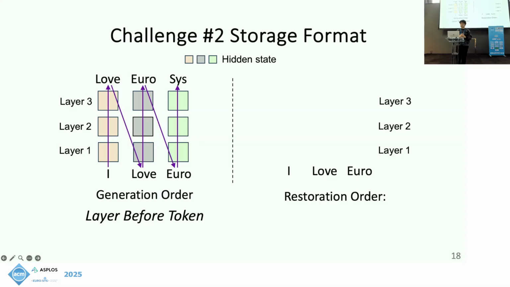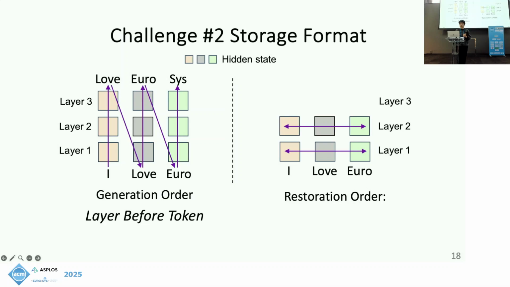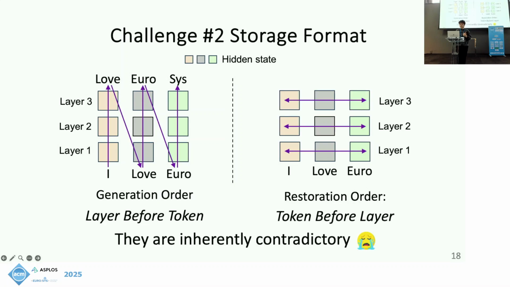However, for the restoration, the access pattern is token-before-layer. We visit all tokens in one layer first and move on to the second layer and the third layer. So the two access patterns are inherently contradictory. If you design one storage format for one access order, it is inefficient for the other.